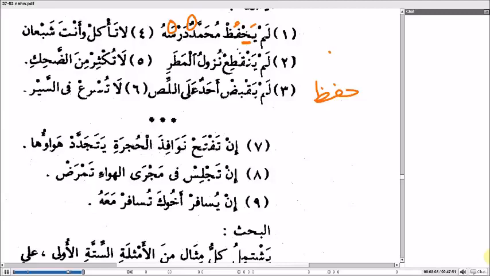Lam yahfadh. And we see the lam causes sukun here. It should be yahfadhu, but here it's lam yahfadh because of the lam. And we said the lam negates the past tense, but with a present tense verb. Right? Lam yahfadh darsahu.